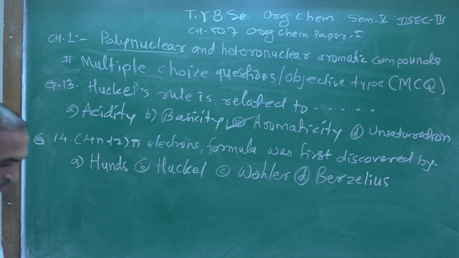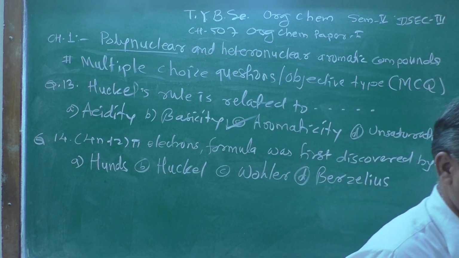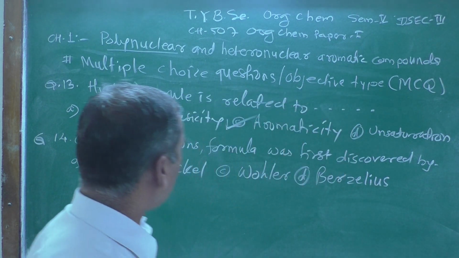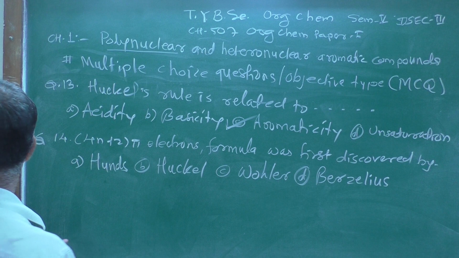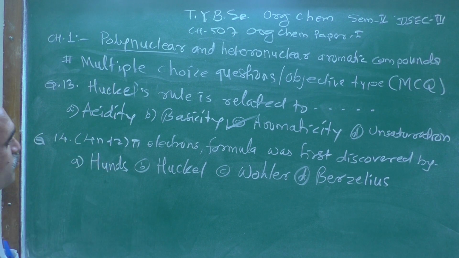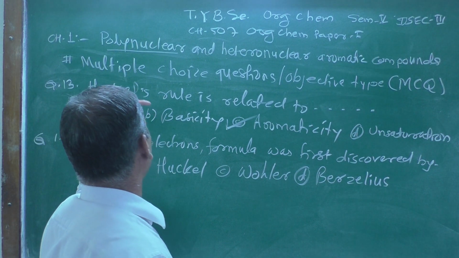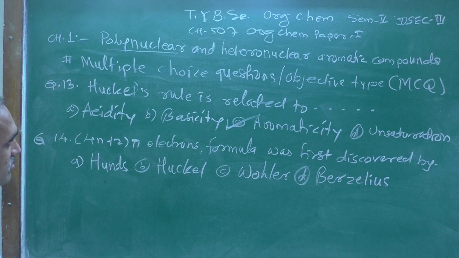These are different scientists' names, but out of the four, which one formulated the 4n plus 2 pi electrons formula? At the beginning of this question we had Huckel's rule.